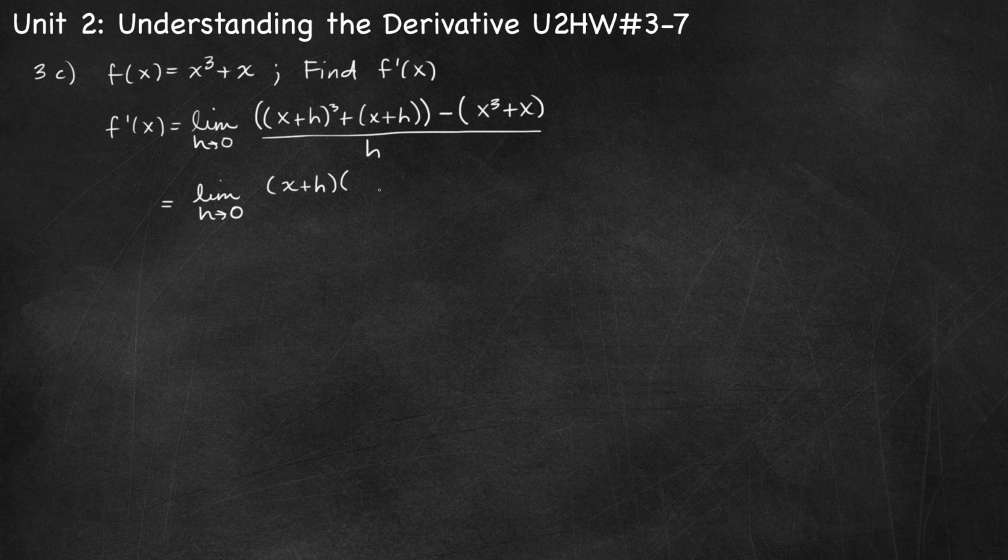And the x plus h squared, I can do that one in my head. That's going to be x squared plus 2xh plus h squared. I still need to multiply that out, but let me simplify the rest of what we have up there. So it's plus x plus h minus x cubed minus x all over h.